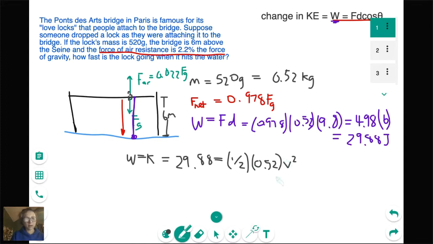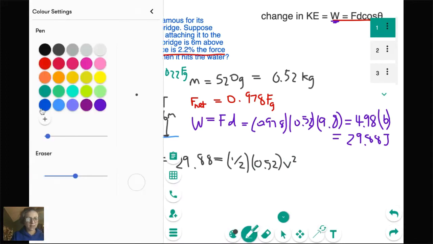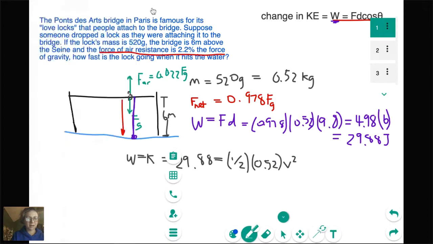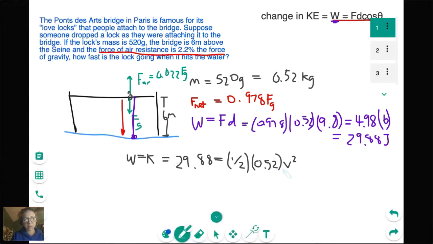And so I already calculated this out ahead of time. But when you solve this, you end up with a velocity of 10.72 meters per second.